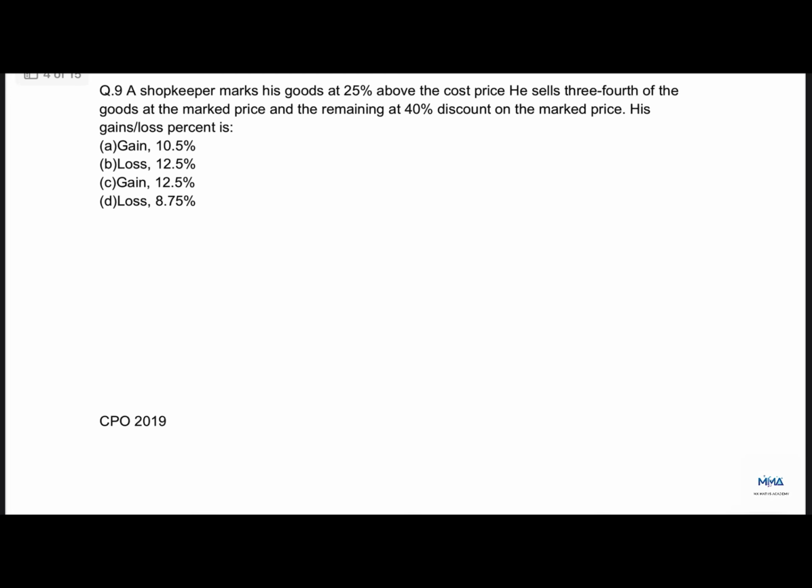The shopkeeper marks his goods at 25% above the cost price. He sells 3/4 of his goods at the market price and the remaining at 40% discount on the market price. So ratio is 3:1. This he sells 25% above the cost price.